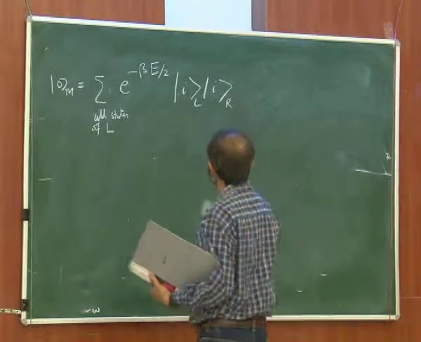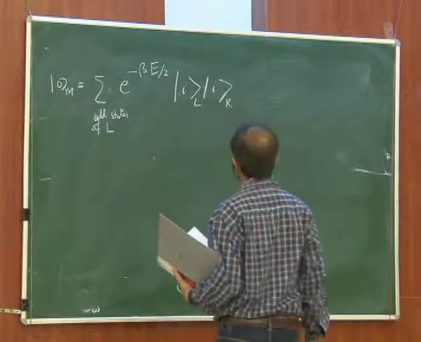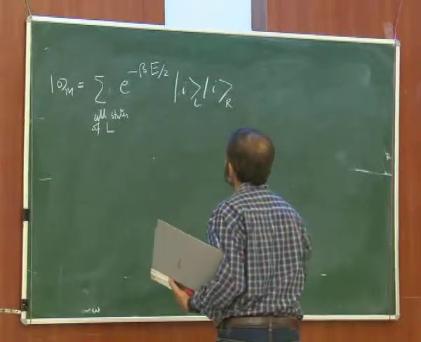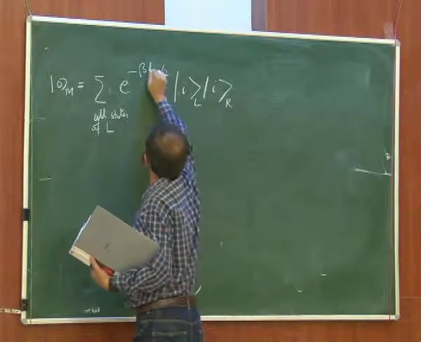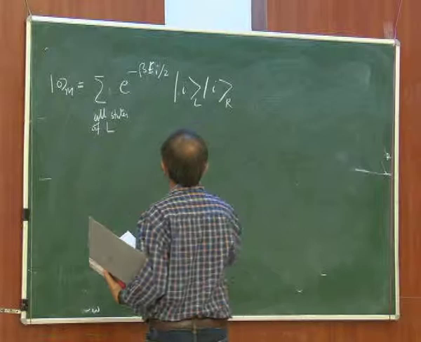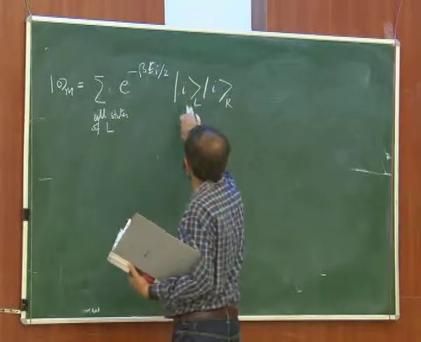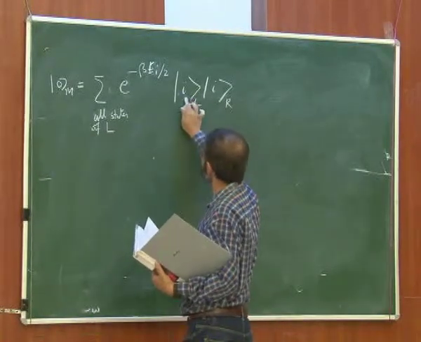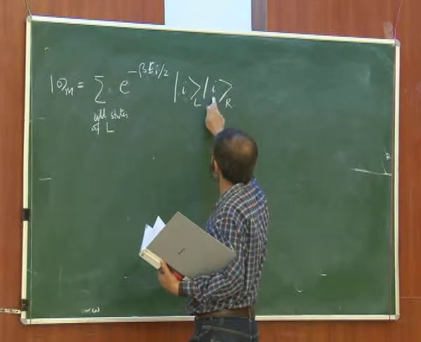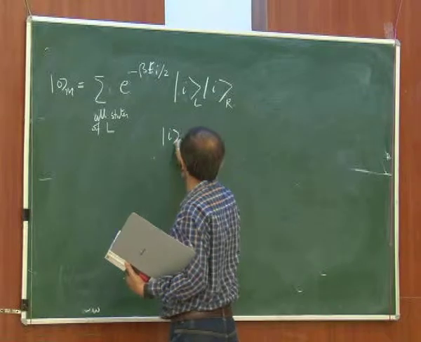These are created by the L oscillators and these are created by the R oscillators. But I take the same energy eigenvalue of these states. So all energy eigenstates of L and the same energy eigenstates of R.